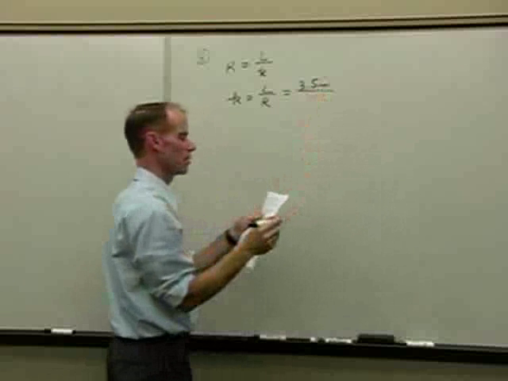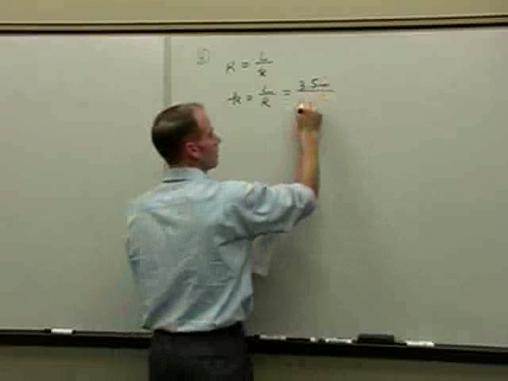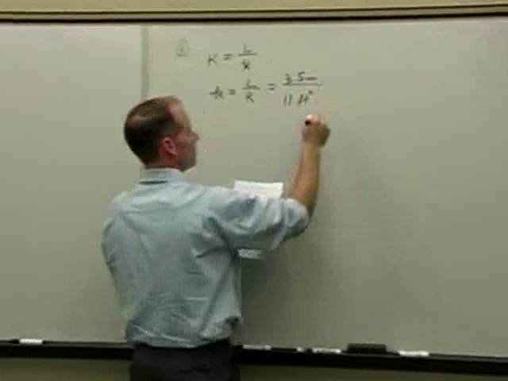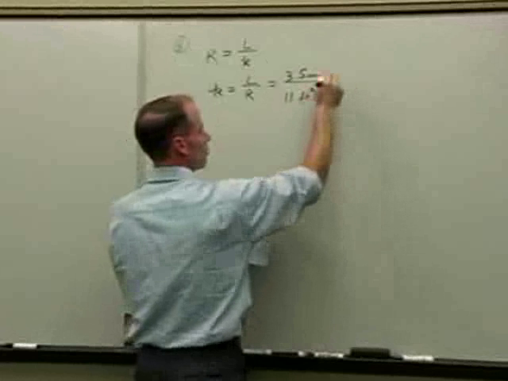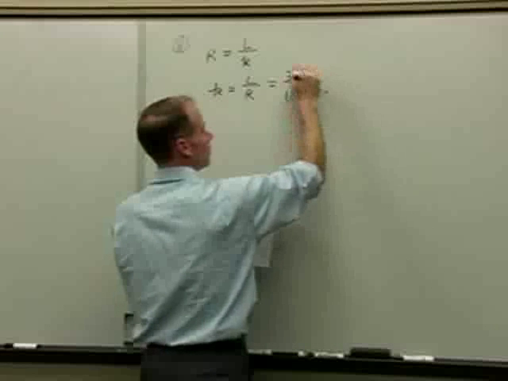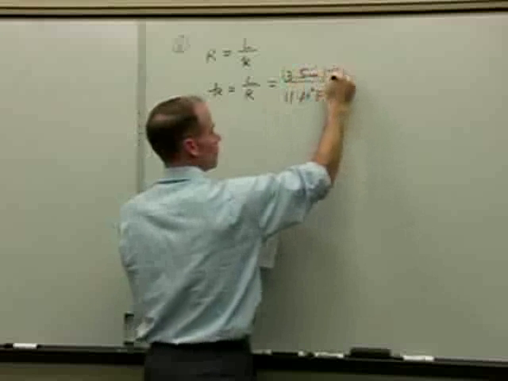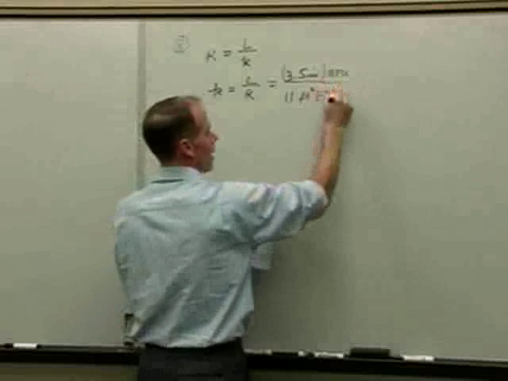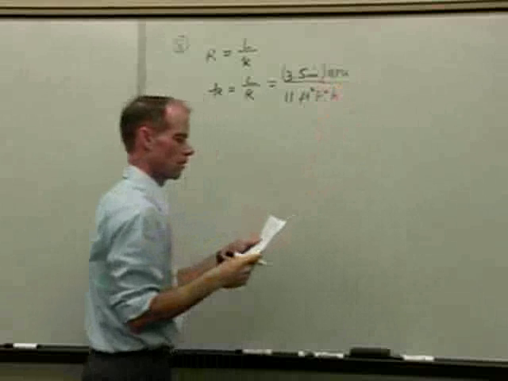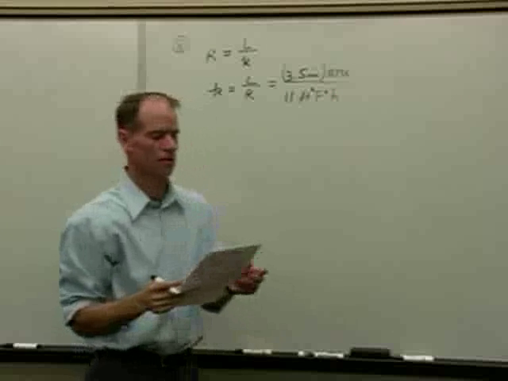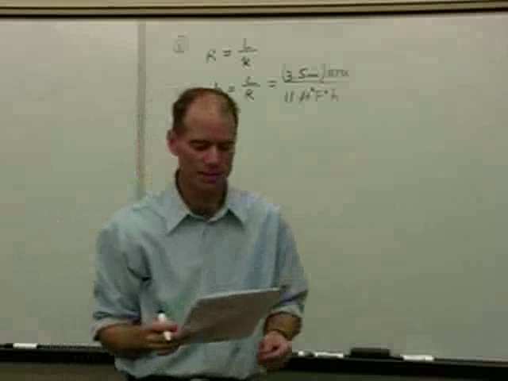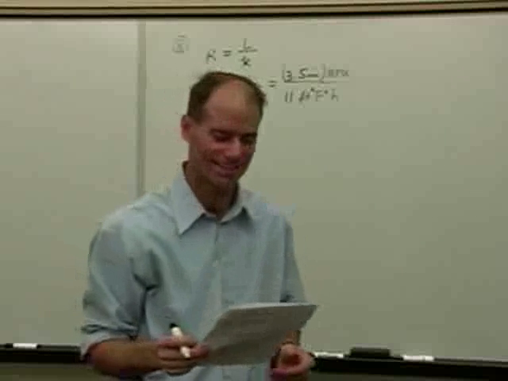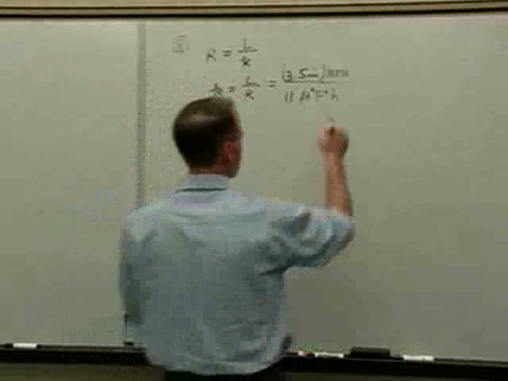and the R value was 11 feet squared, Fahrenheit degrees per BTU, an hour down here. We need that in the units of BTU per feet per degree Fahrenheit per second. This is per hour.